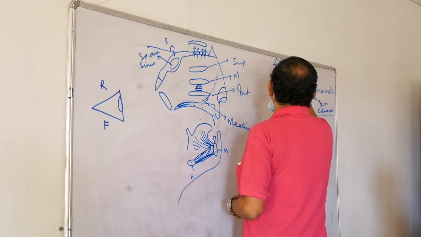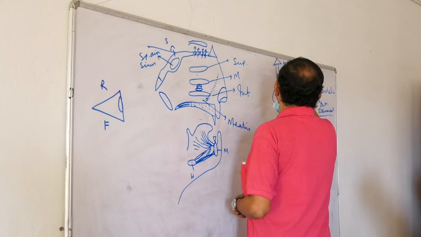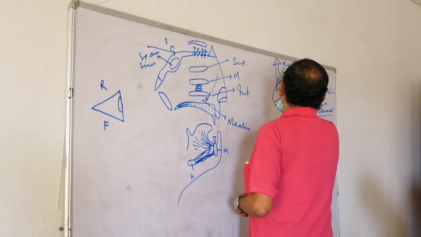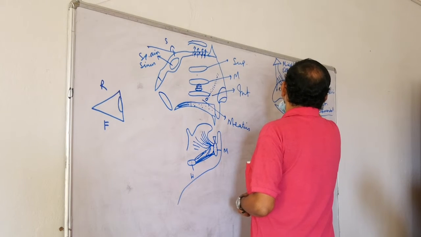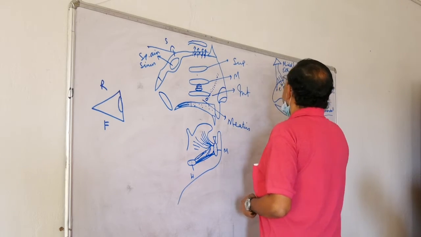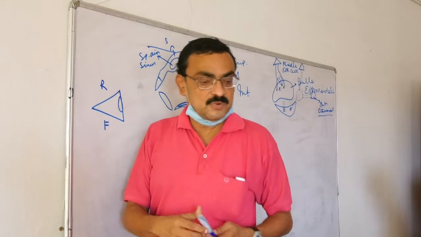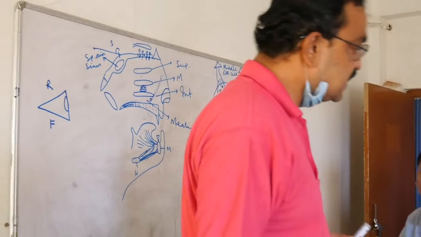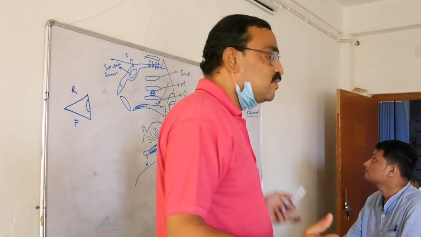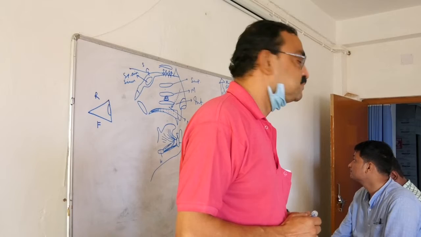This is the middle ethmoidal air cell. The anterior and middle cells will open into the bulla ethmoidalis.